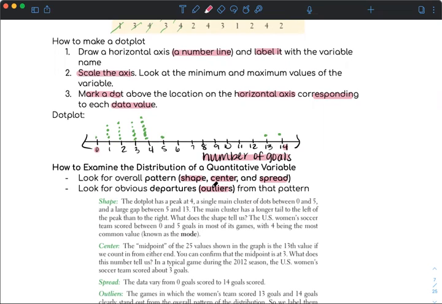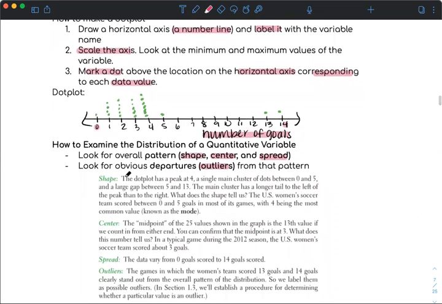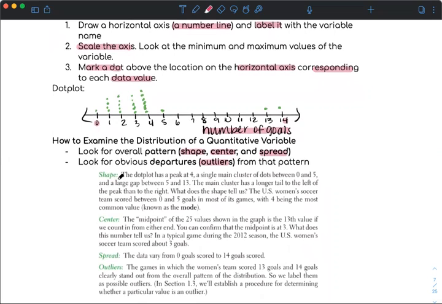Outliers just means obvious departures from the pattern. So you might see right away that we have some values over here, 13 and 14, that we'll describe later as outliers. So going to the shape, if you were asked a question about this, this is how you'd want to explain it.